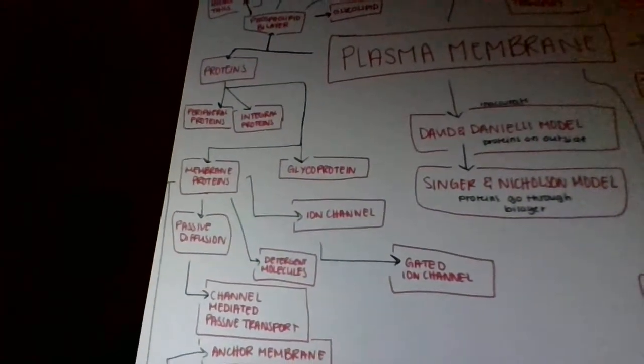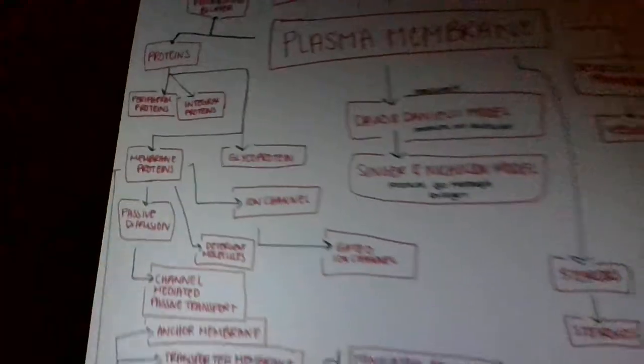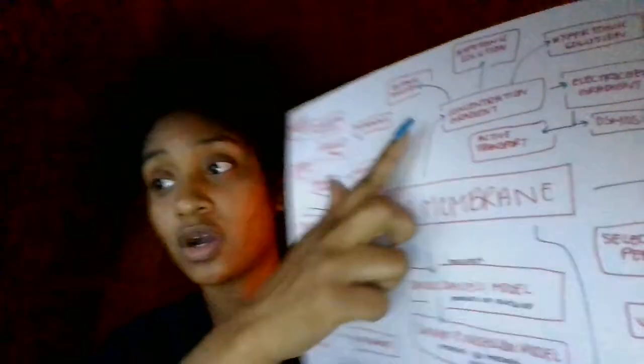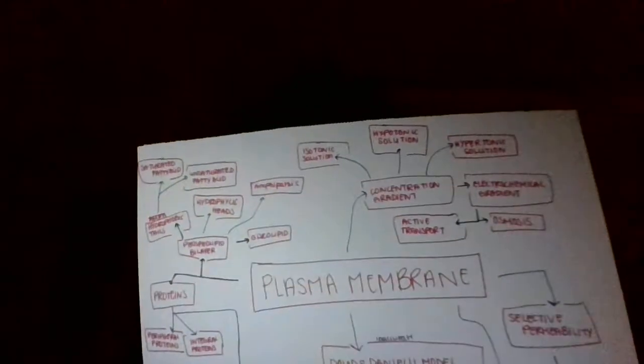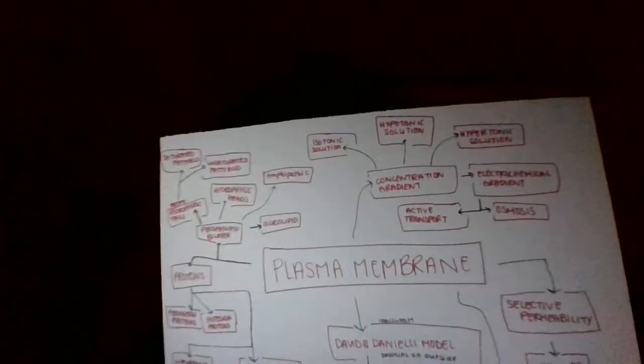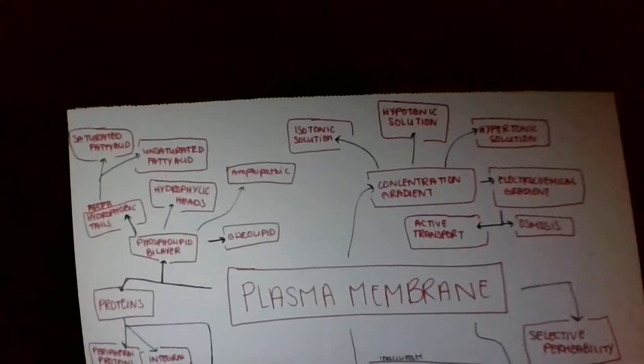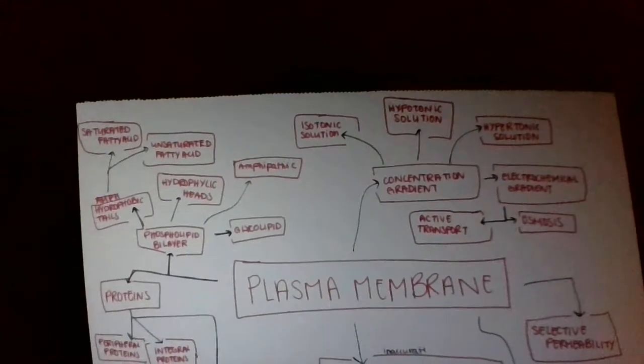And then after we're done with that, we can finally go back to right here, which is the concentration gradient. The concentration gradient is basically the gradual change of the concentration of a solute in a solution. And there are different types of solutions as they pertain to the concentration gradient.